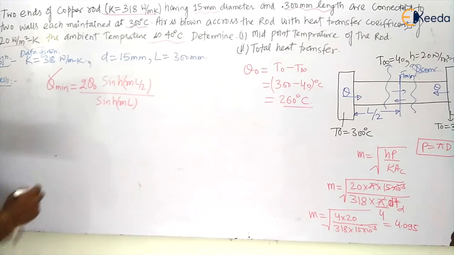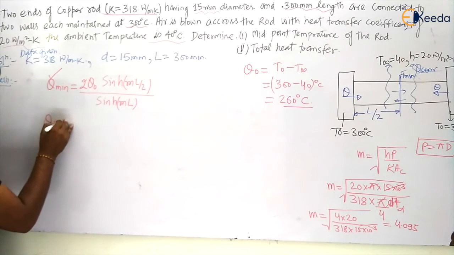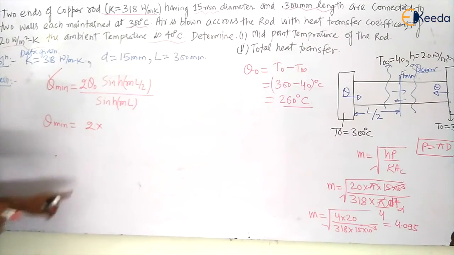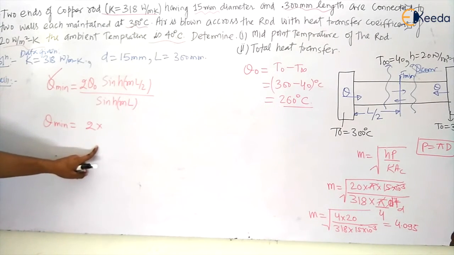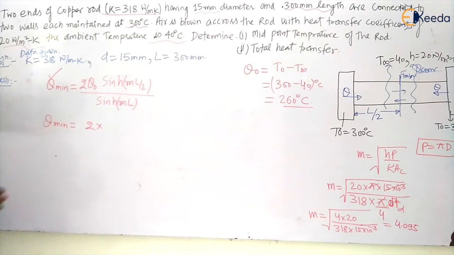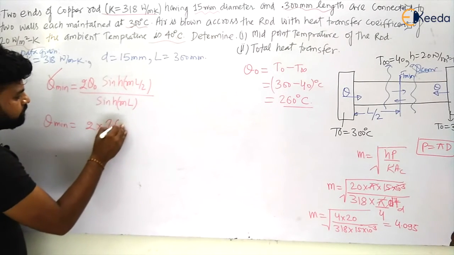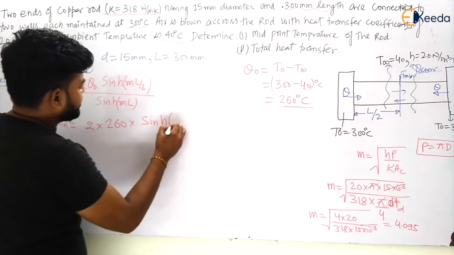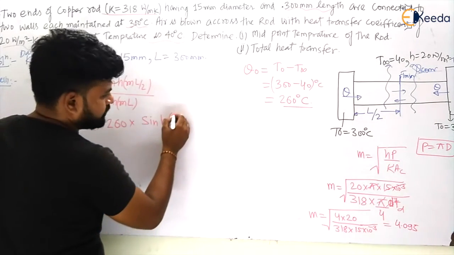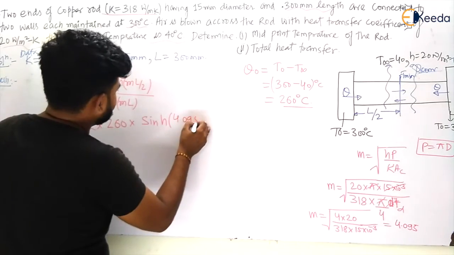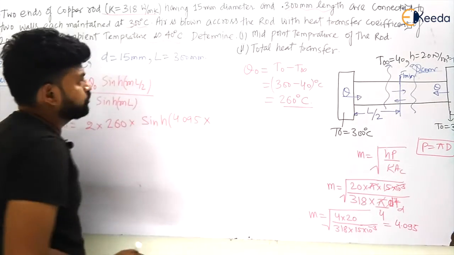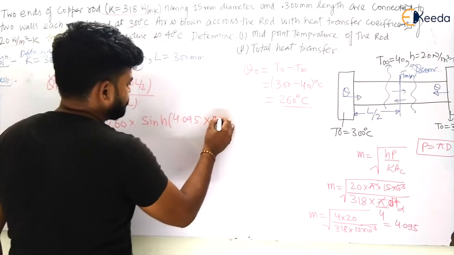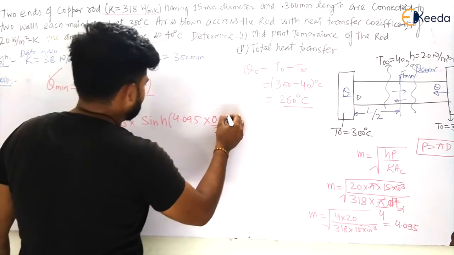So theta minimum is equal to twice of theta naught, which is 260, multiplied by sine hyperbolic of m, that is 4.095 into L by 2. So L is how much? 300 millimeter. So I will take it in meters, that is 0.3 meter divided by 2.